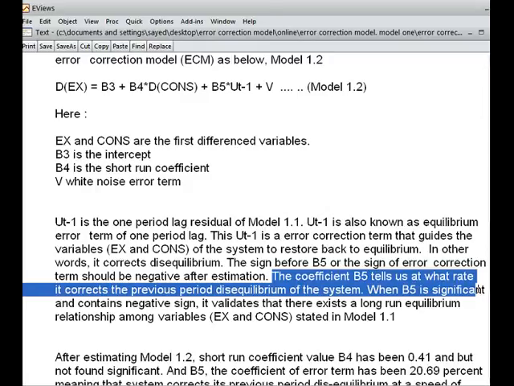That means the speed of the adjustment or the speed of the correction of the disequilibrium. That is B5. B5 tells about the speed at which it corrects the previous period disequilibrium.